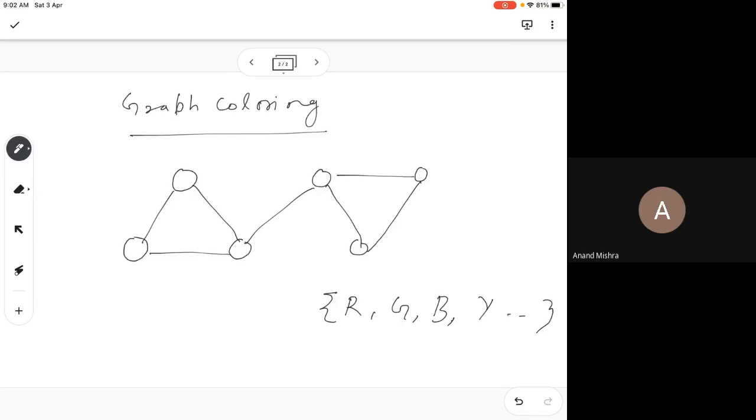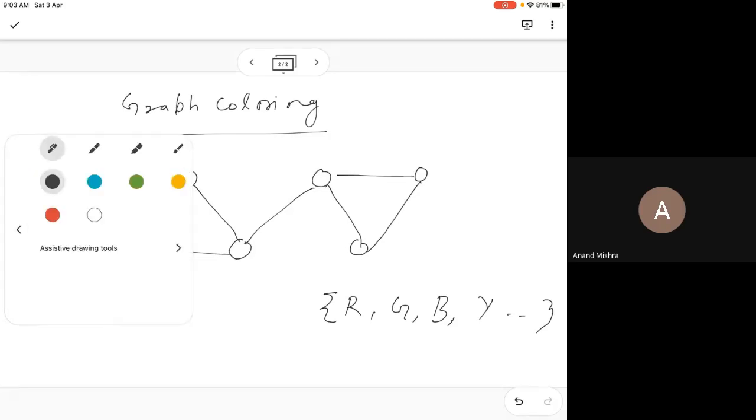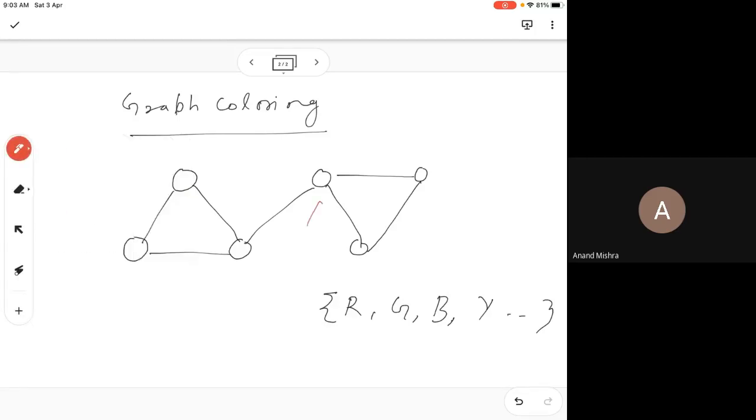We need to pick one of the colors from this set. So a greedy algorithm works as follows. You start with any node, so any node I can start. Let me start with, let's say, this node, and use the first color which is unused. In this case, the first color which is unused is red. So I can use red.